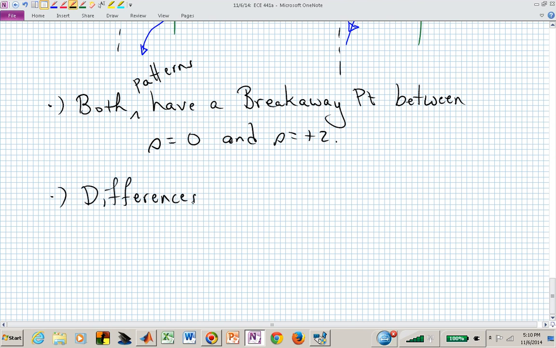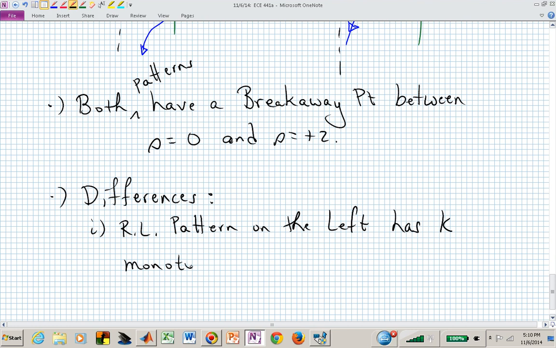How do they differ? Well, there are differences. One is the root locus pattern on the left has a k value that actually just monotonically increases.